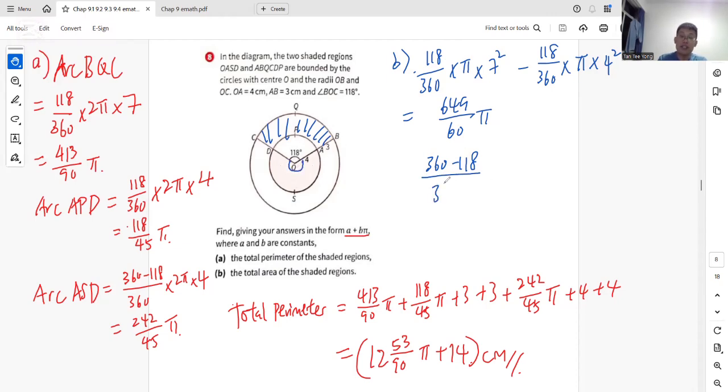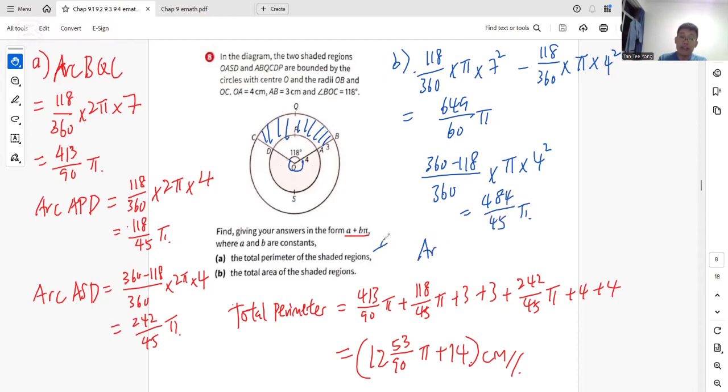So theta over 360 times pi times r squared, so 360 minus 118 over 360 times 16. So it is 484 over 45 pi. Now you need to add them up.